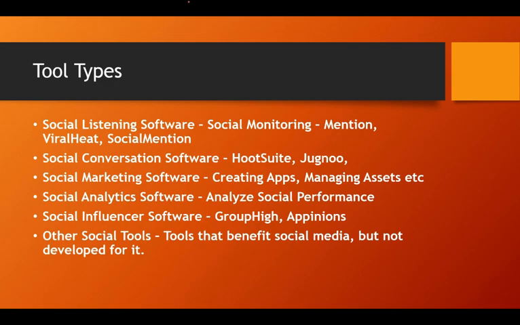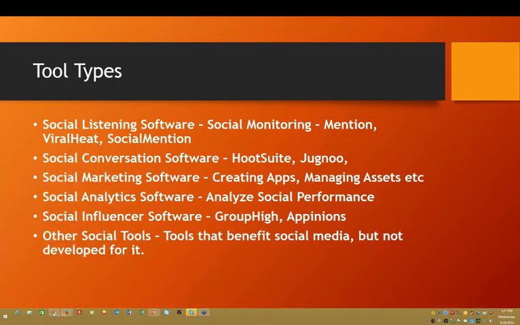One of them is Mention, and I'll go ahead and pull that up just because I already signed up to that and I'm using it. So let me go here to Mention. See if it remembers my username and password.